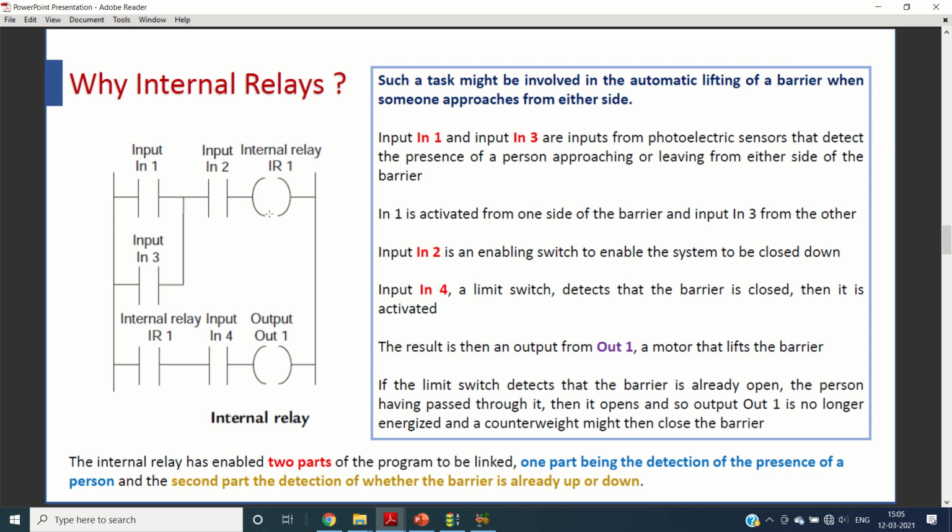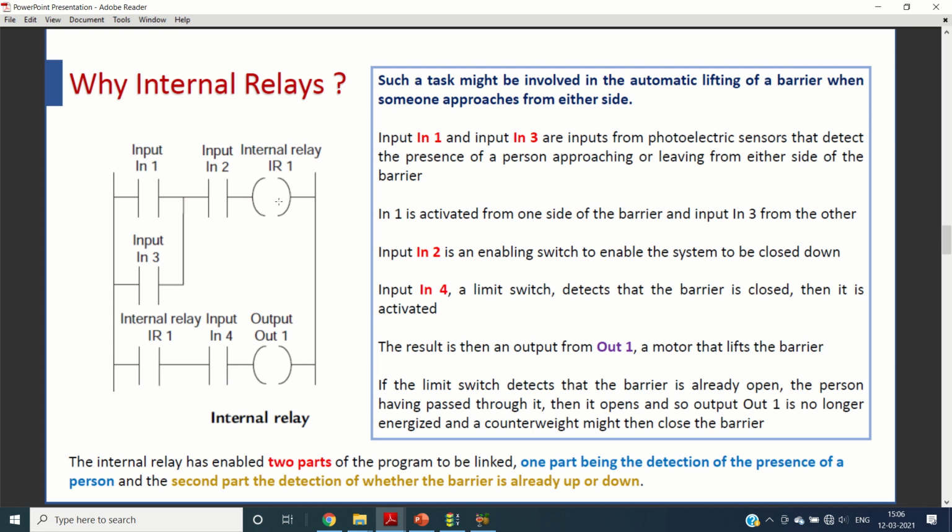Now here you can see that there is a coil, and this coil is the internal relay coil. Now finally what they have done, this internal relay coil has been associated in AND format with the input 4. This input 4 is actually the limit switch that checks whether a barrier is closed or not.